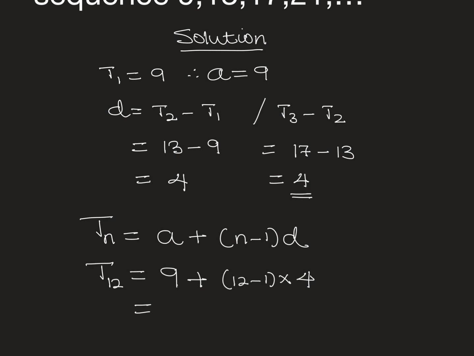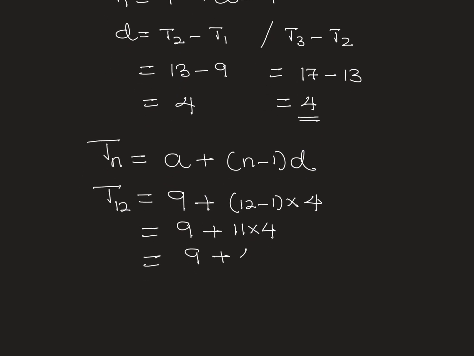So that is 9 plus 11 times 4. 11 times 4 is 44. So 9 plus 44 is 53. That is going to be the 12th term of this sequence.